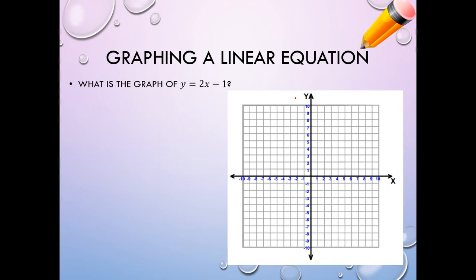Let's try again. So we have 2x minus 1. So remember, you're going to stare at your y-intercept first. My y-intercept, -1. So I have -1 right here. I'm going to put that as my point. Now, I'm going to use my slope. My slope, change it into a fraction. I have 2 over 1. So rise over run, rise 2, run 1. So I'm going to rise 2, 1, 2, run 1.